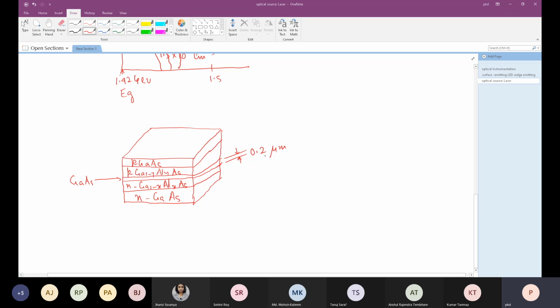It could be say 0.2 micron to 0.1 micron or so in the case of ternary semiconductors. It is much thinner in various modern high efficiency lasers, which are known as multiple quantum well lasers, where thickness goes down to nanometers, 10 nanometer, 20 nanometer or so.